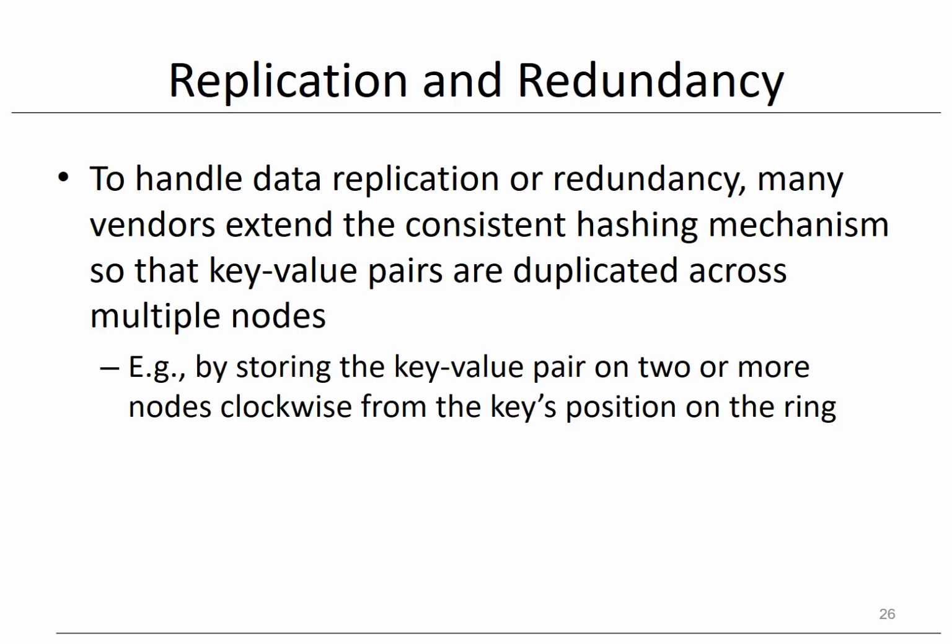To handle data replication or redundancy, many vendors extend the consistent hashing mechanism outlined above, so key value pairs are duplicated across multiple nodes. For instance, by storing the key value pair on 2 or more nodes clockwise from the key's position on the ring.